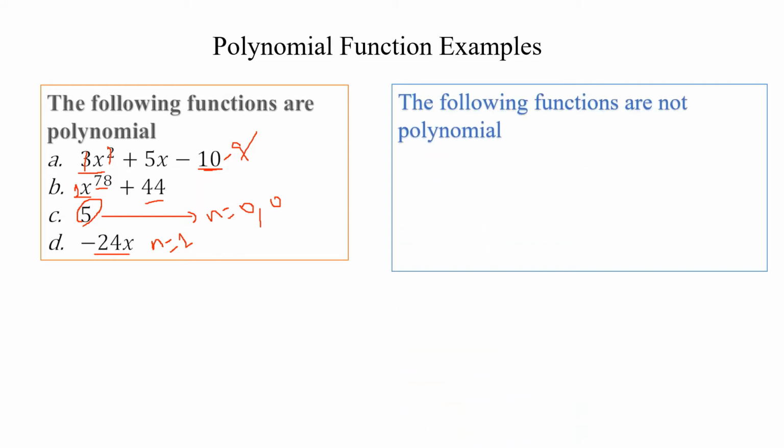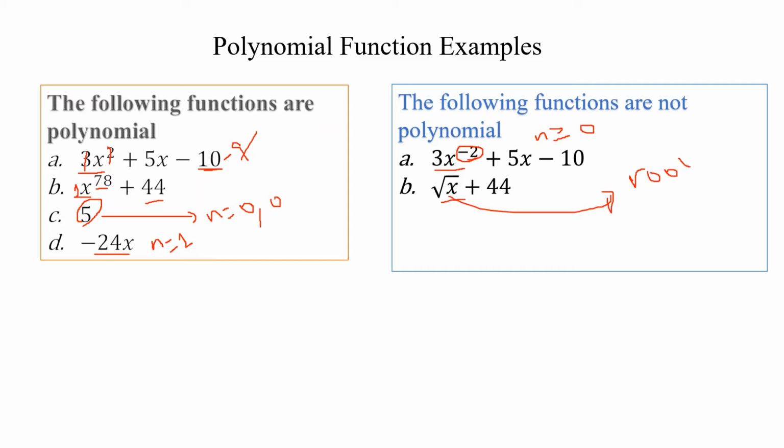Let us see some functions that are not polynomial. Again, 3x to the power of minus 2. We have said that the exponent must be positive, since n must be greater than or equal to 0. It's impossible to have negative exponents in a polynomial function, so it can't be a polynomial function.